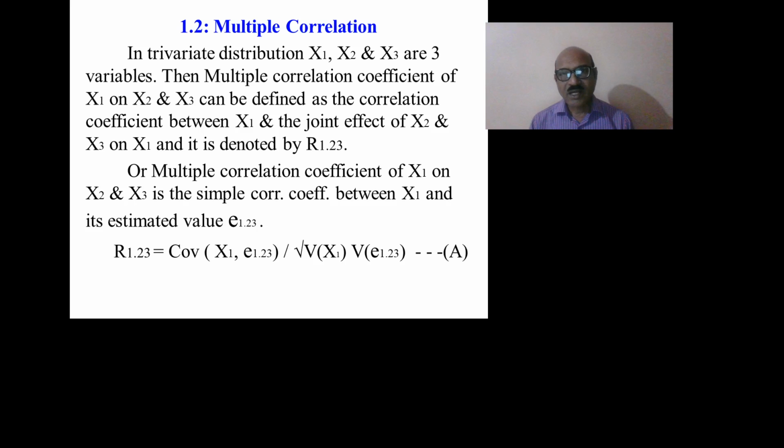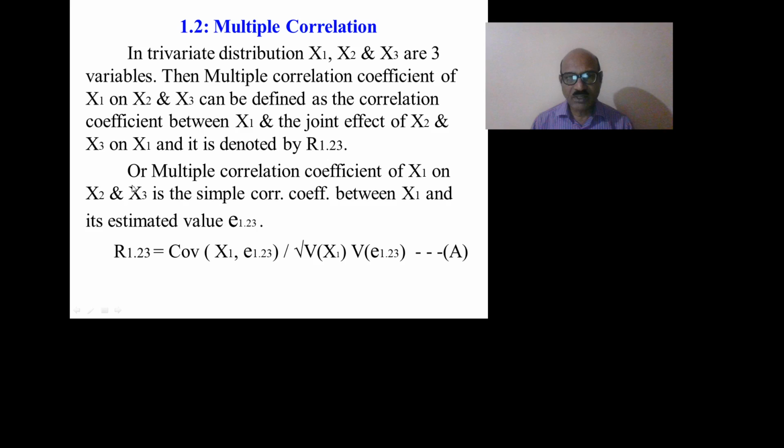In a trivariate distribution there are three variables x1, x2 and x3. Then the multiple correlation coefficient of x1 on x2 and x3 can be defined as the correlation coefficient between x1, that is the first variable, and the joint effect of the other two variables, that is x2 and x3, on it, that is on x1, and it is denoted by R1.23.